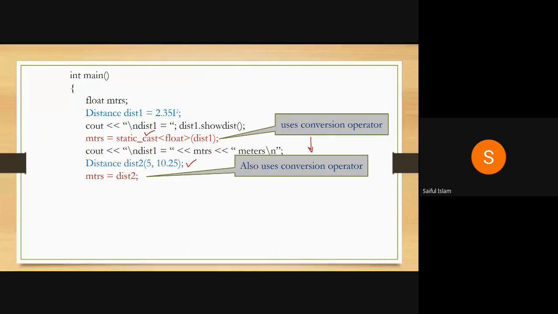I have not written it in the second, but still this is a valid statement because the compiler has this float routine, and it will invoke the float routine and convert distance 2 into meters. So again, this statement is going to work. So cout distance 2 meters, and it will be printing a value. What is the distance in meters there?